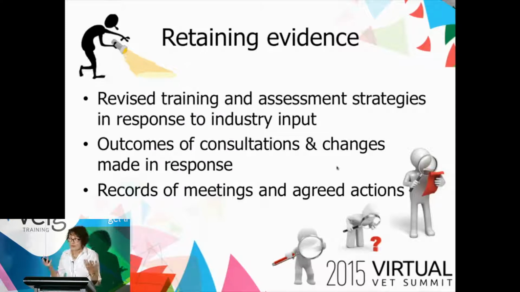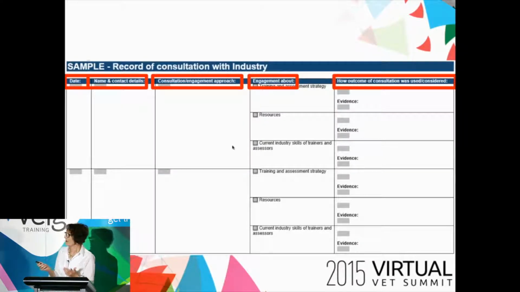It's a simple record, shows the date, shows the name and the contact person, their details, shows what happened during that consultation, and then focuses in this column here on the three areas of the standard that are the requirements of the standard: training and assessment strategy, resources, and the currency of current industry skills of trainers and assessors. The last column says, okay, well, how did we use that outcome, and where have we got the evidence? So it's just a simple tracking form.